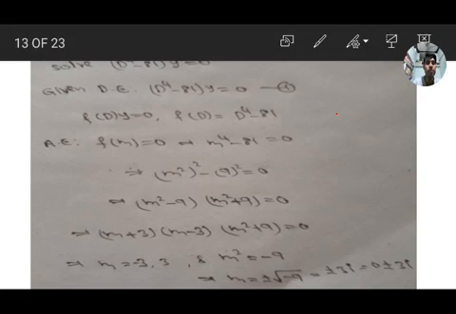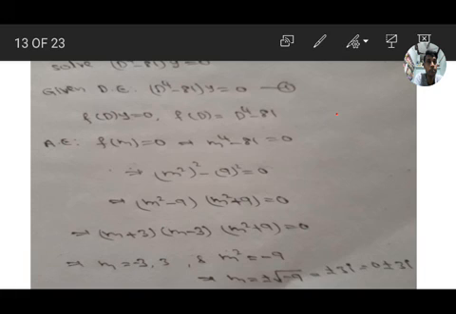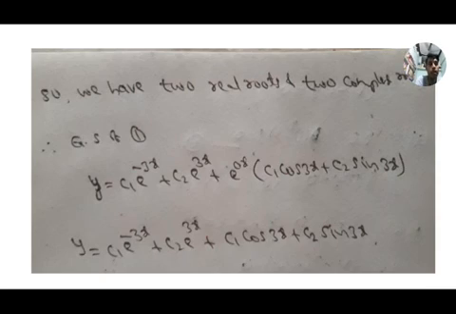Write down the problem solution. We will move to the next problem.